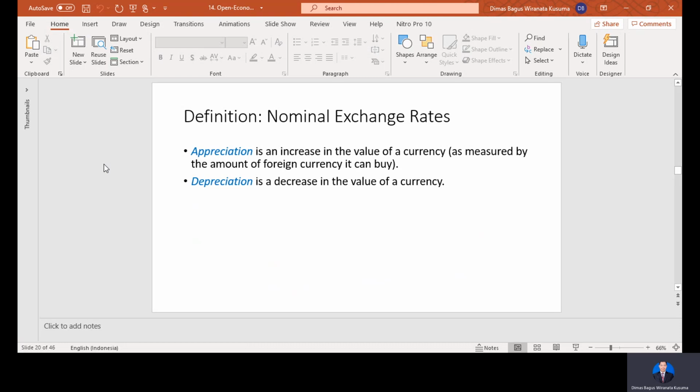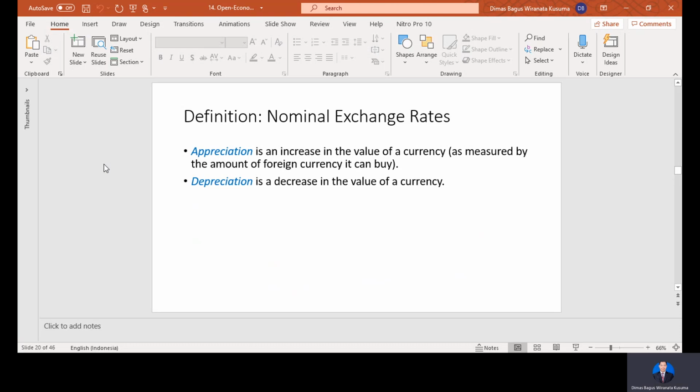I repeat again, from 1 US dollar equals 10,000 rupiah, it changes to 1 US dollar equals 12,000 rupiah. So from 10,000 to 12,000 is depreciation for the Indonesian rupiah, but appreciation for the US dollar. Why depreciation?